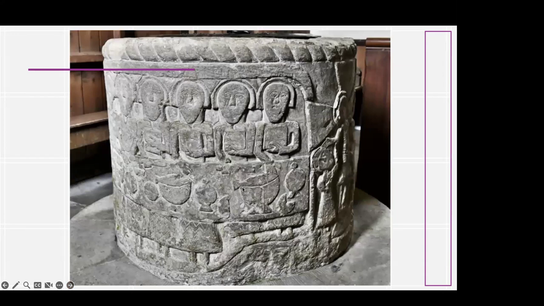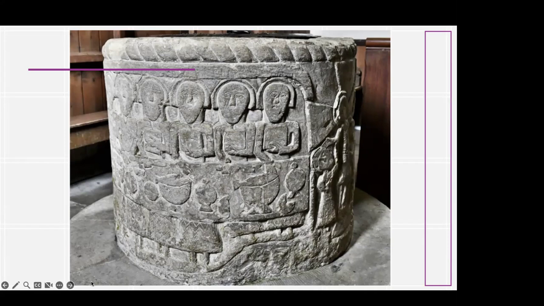As I say, you get the flagon, you get the loaves and the fishes, and possibly consciously, this recalls to us the miracle of the loaves and fishes, as well as the Last Supper.